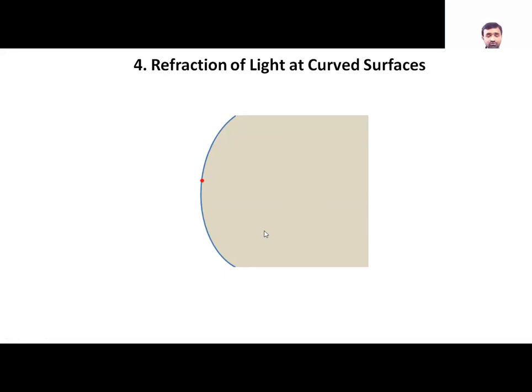Identifying the terms related to the curved surface, what is this point on the curvature? On the curved surface, this point is the pole. I am separating the mediums: before the curved surface is air, the rarer medium, and the shaded region is water, the denser medium.